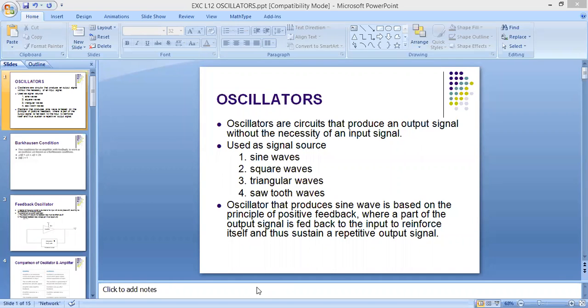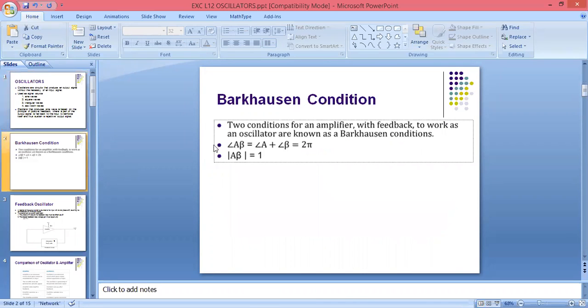Okay. So now we see, if we have to use any circuit as an oscillator, what we have seen: in an oscillator, there is no need of an input signal. The oscillator is taking positive feedback from the output and giving it to the input to reinforce that output.